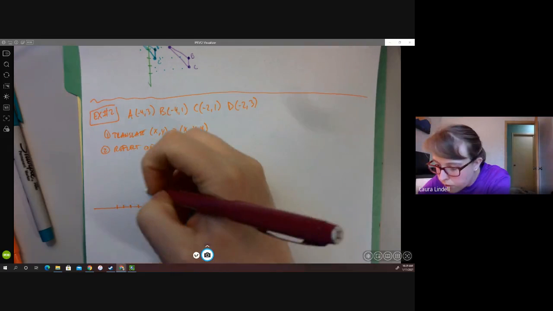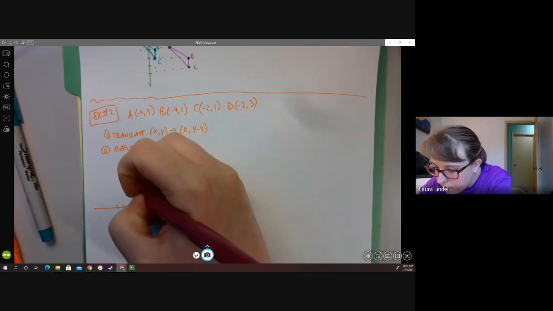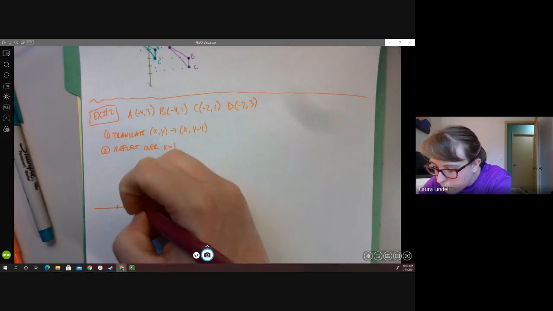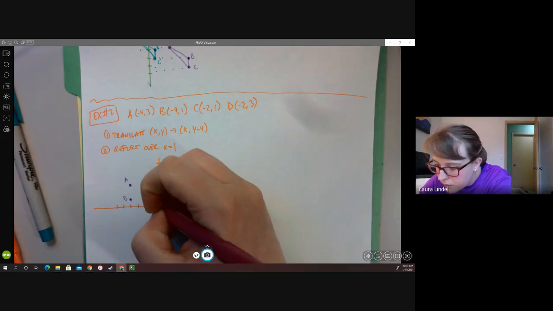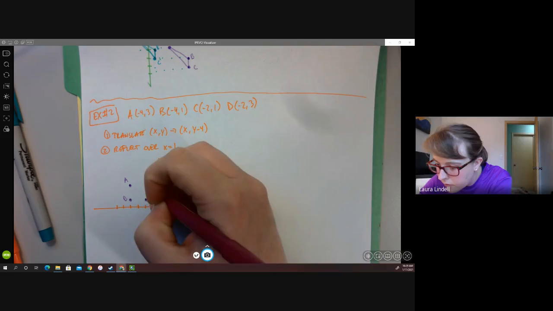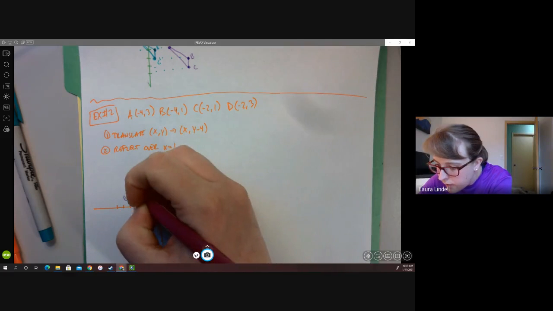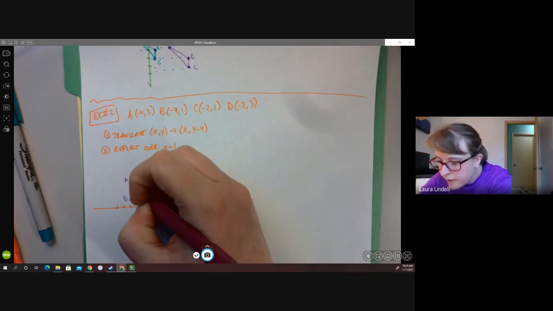So -4, 3, -4, 1, -2, 1, -2, 3. And then connect the dots. Notice we get a nice square.